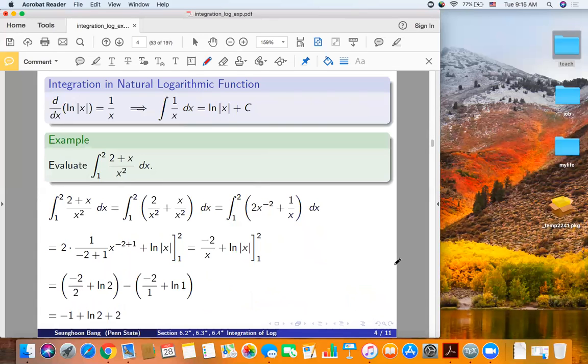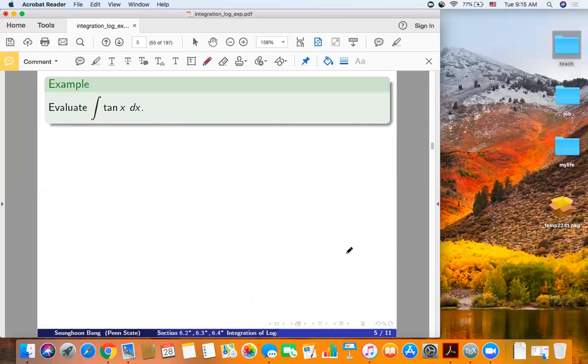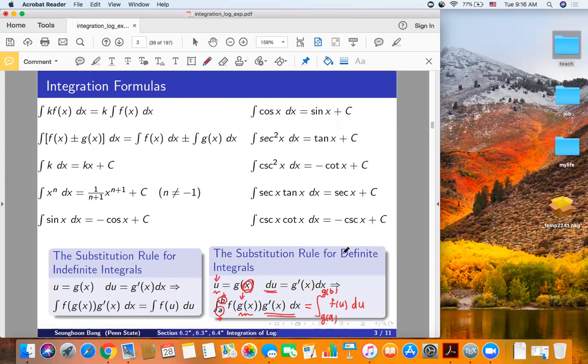So like this. Next one, integral tan x dx. Let me see. Do we have a formula for integral tan x? Do you have a formula from the first page here? You can go back to the formula.